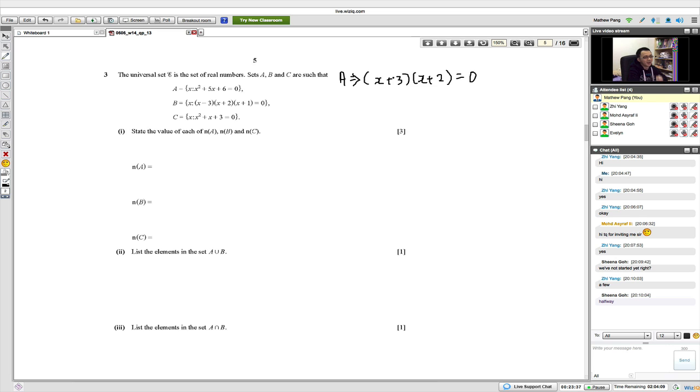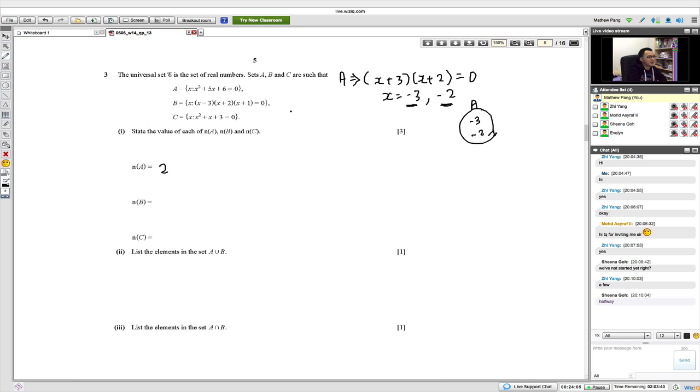This is for A. So I have 2 values, which are negative 3 and negative 2 for x, right? So n(A) is just 2. Do you see why 2? This one is 1. This is 2. So basically inside the set A here, we have negative 3 and negative 2 inside it, for set A. Okay, this is what the question is trying to ask you to find, the number of elements in A.